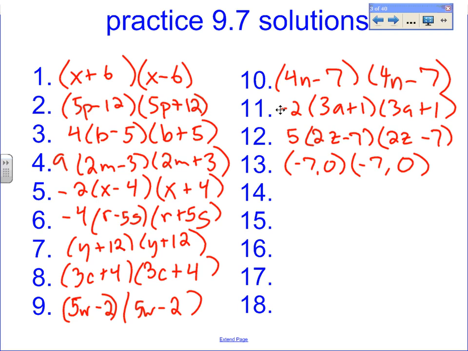Okay. Maddie, 14. Just the answers. Did you solve them? These ones were set equal to 0, so it should have been 2.5 comma 0, or you could have 5 over 2 comma 0. One of them was positive and one of them was negative. Okay. Eric, 15. No. Anna? Okay, 15.